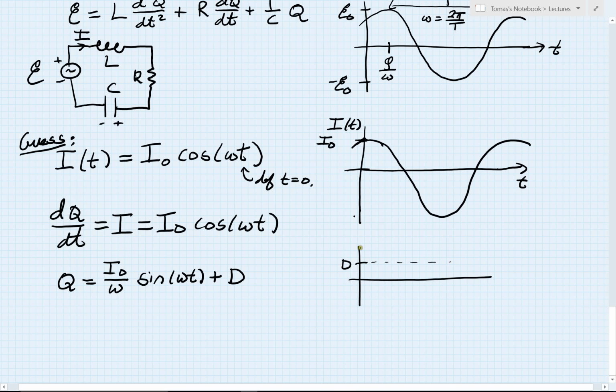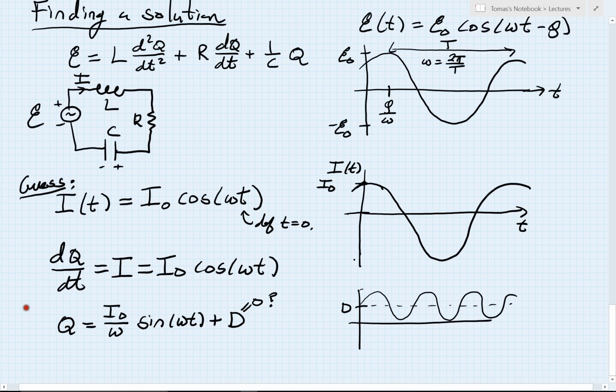I'd be saying the charge is oscillating around some mean value of D. And that does seem a little bit unlikely, doesn't it? Because I'm driving this thing back and forth. If there were any average charge on my capacitor, you would think that would tend to leak out eventually through the resistor. So we think probably that D is going to be 0, but we will be able to verify that momentarily.